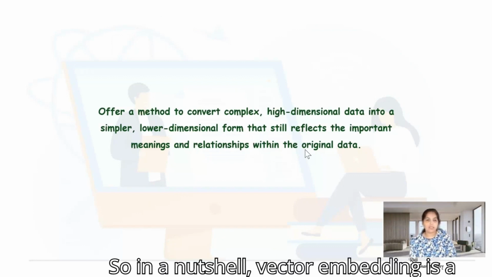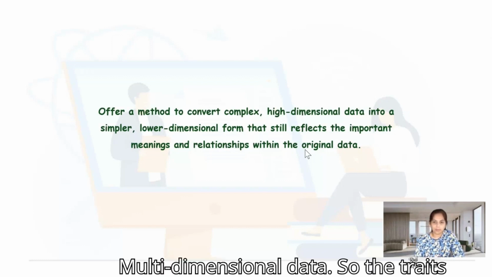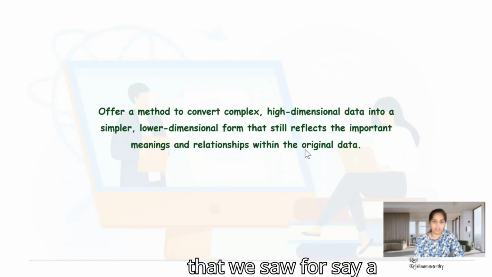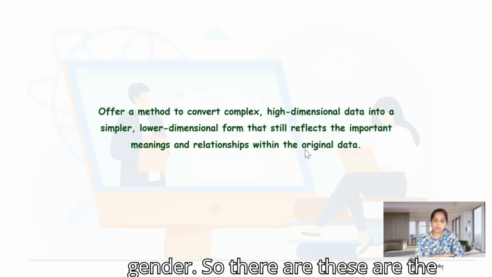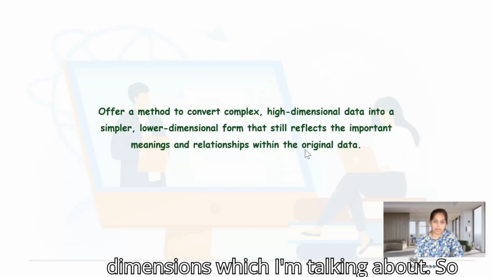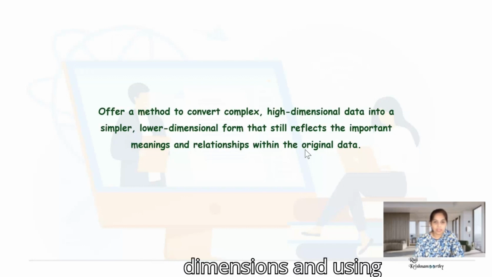So in a nutshell, vector embedding is a technique which helps you to convert multidimensional data. So the traits that we saw for, say, a flower or a princess to a queen. So there are traits like age, gender. These are the dimensions which I'm talking about. So there are multiple millions of dimensions.